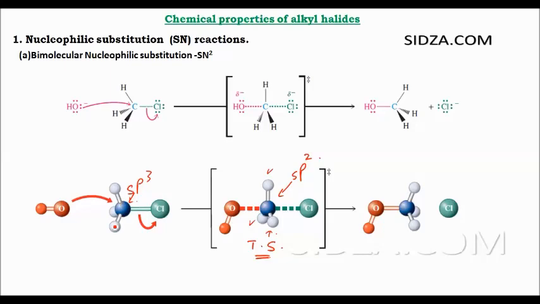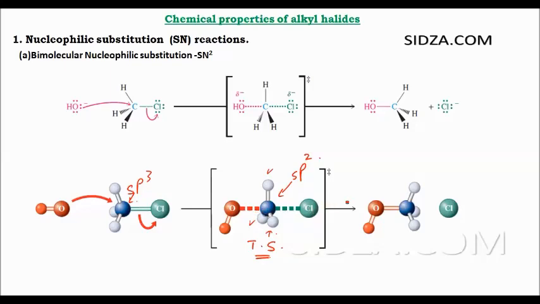Before, they were not in the plane, but right now they are. In the transition state, the chlorine is attached to the carbon, but not completely. Hydroxide starts forming a bond, but this is not a complete bond either.